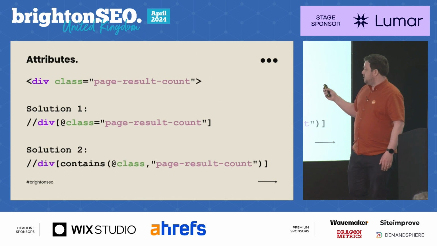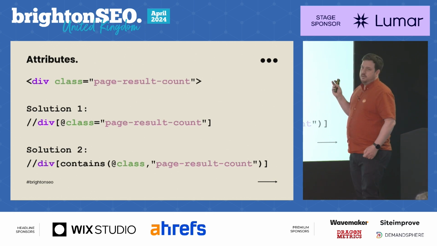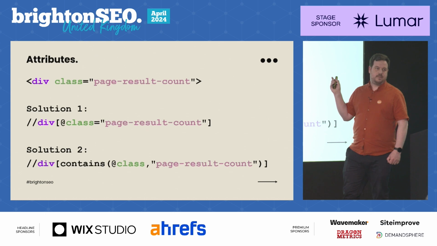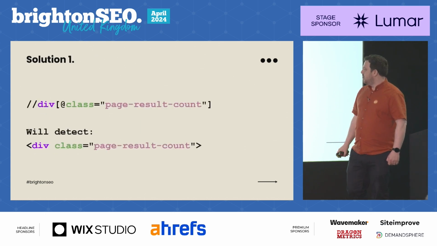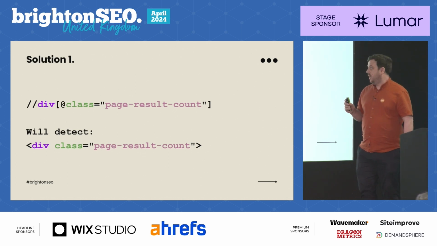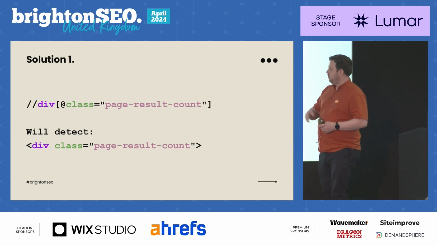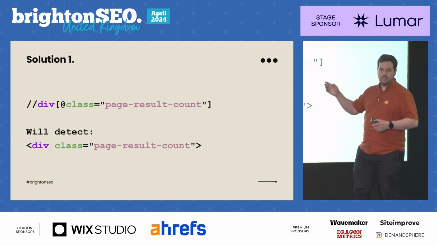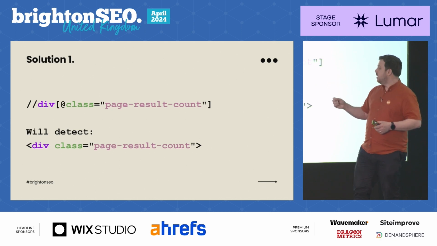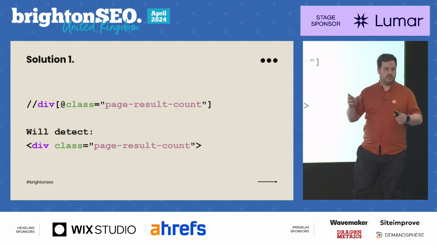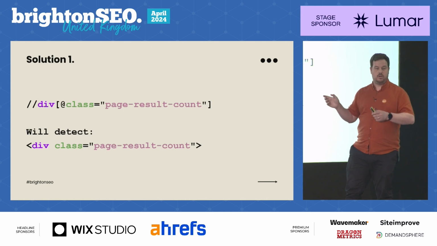And there are two solutions for this. Because I work in digital marketing, I like to call them exact match and phrase match. Let's have a look at the exact match version first, which is the simpler version. All you do is double slash div, which is your HTML tag, and that will search the whole document for any divs within your HTML.